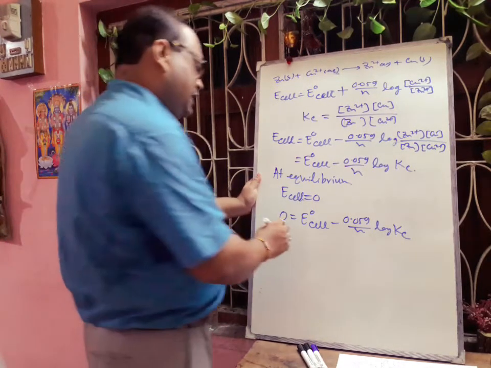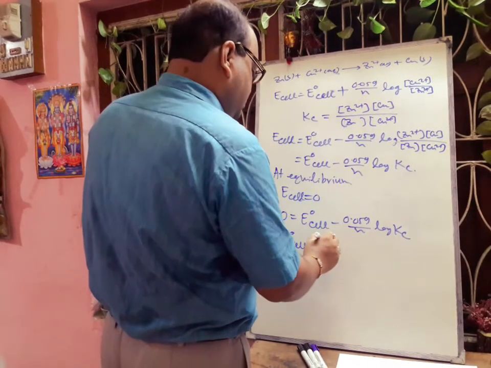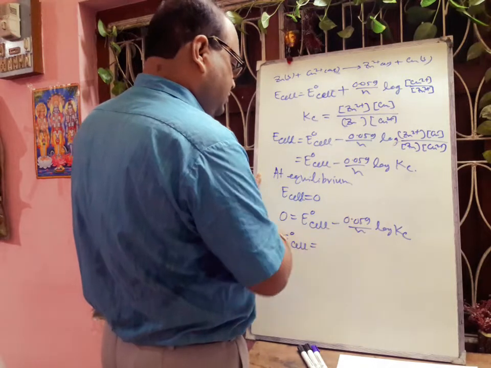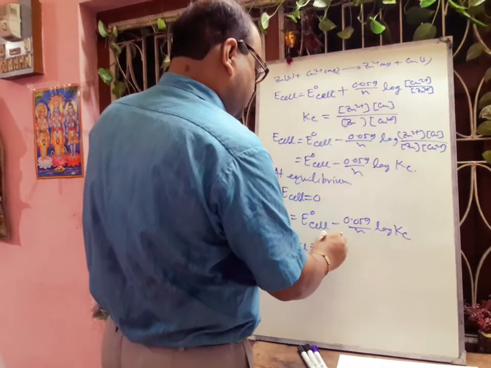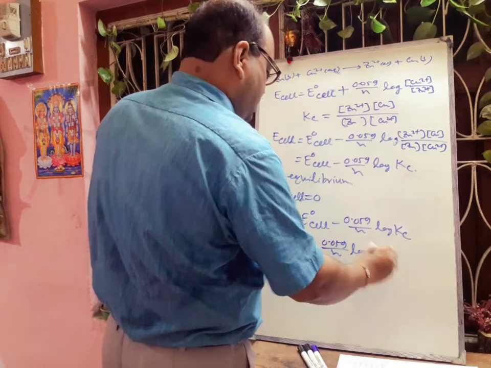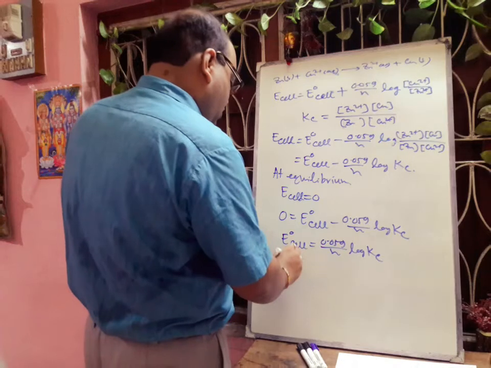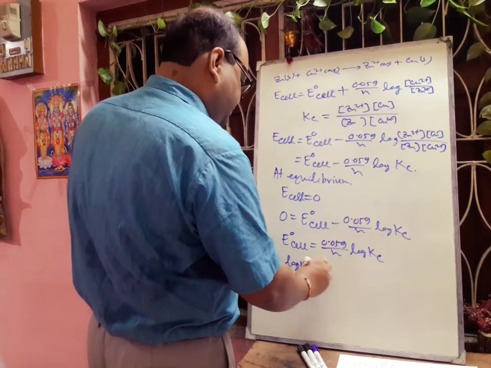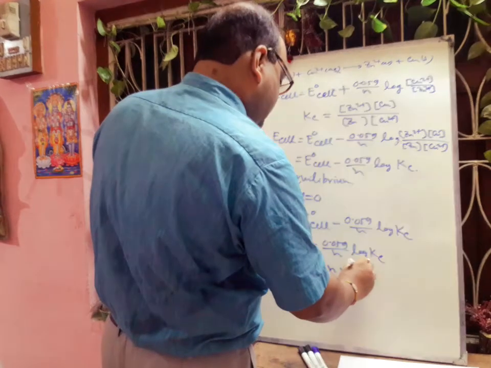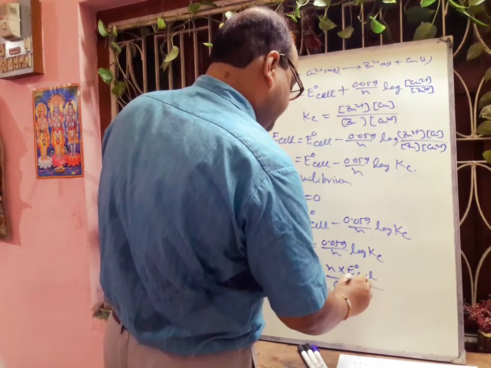E0 cell is equal to 0.059 by n log Kc. So log Kc is equal to n into E0 cell divided by 0.059.